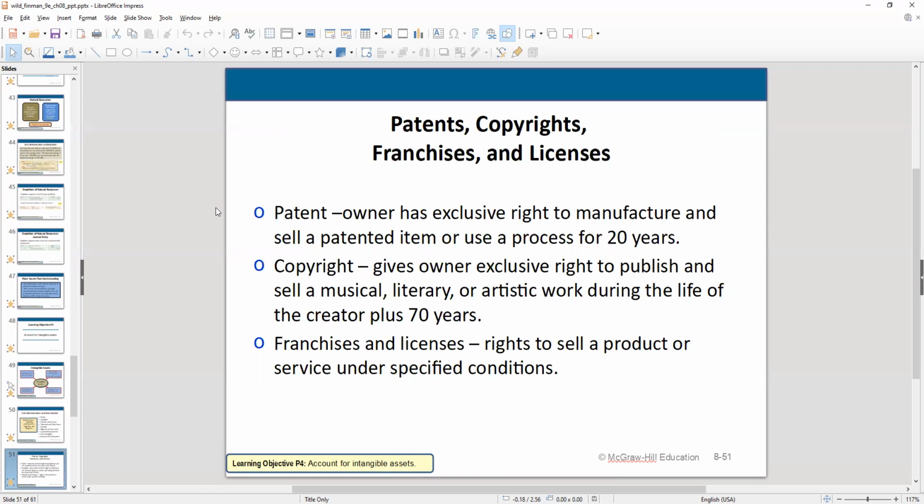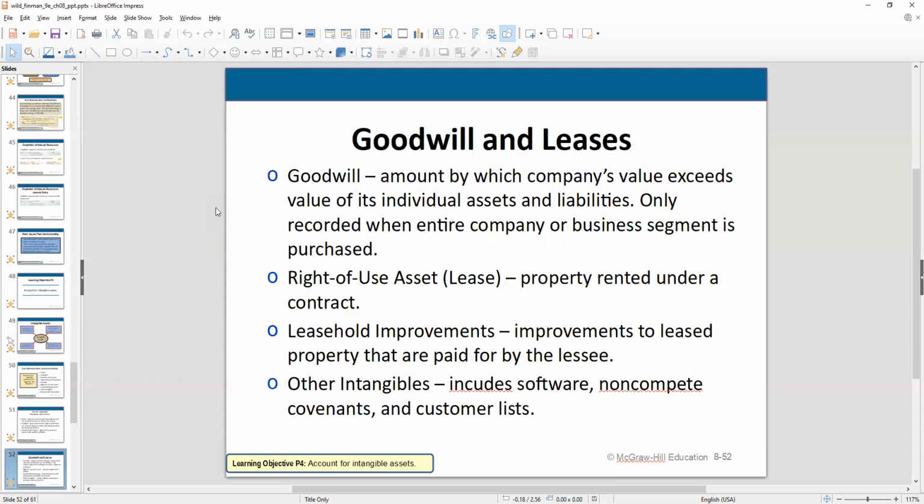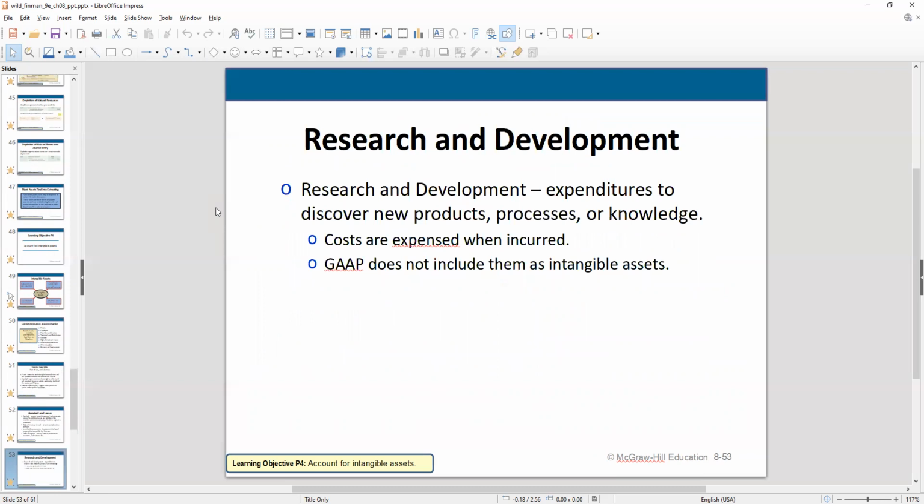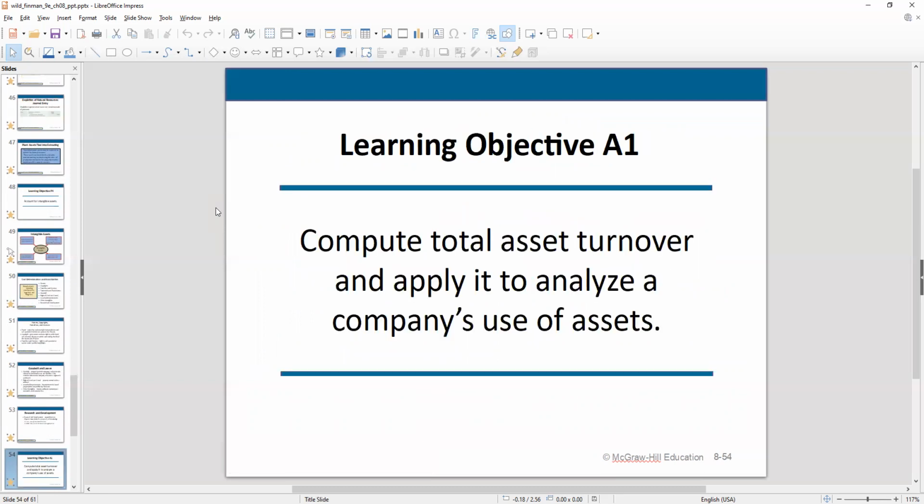And then you have franchises and licenses, which is the right to sell someone else's product. Just look at any fast food restaurant and you'll see that that's an example of a franchise. You have to pay for that and you get to amortize it over the life. And what we're talking about here is amortization. These are all in your book, so I'm just going to skip through those quickly.